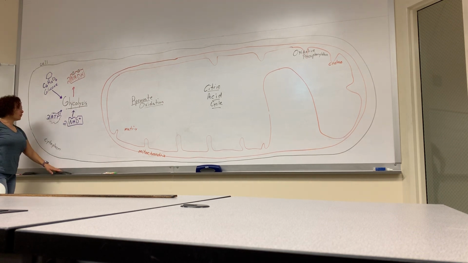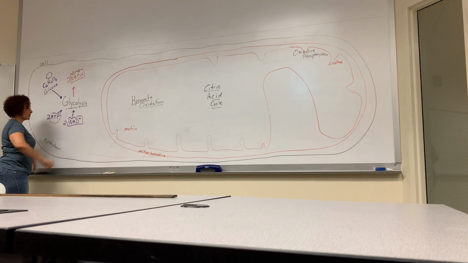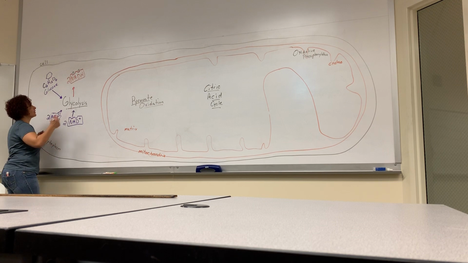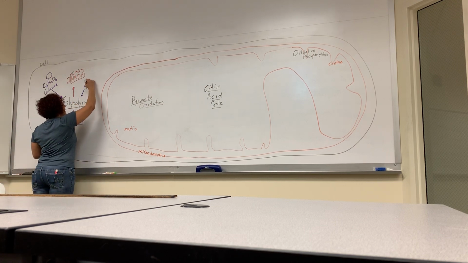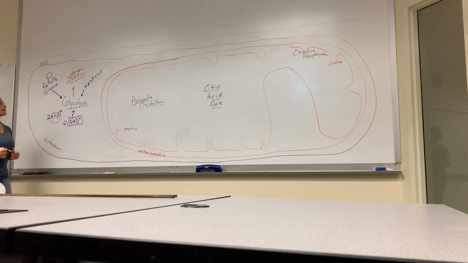So we need to make some ATP in this system. And so out of that, you're going to get an input of 4 ADPs plus 4 inorganic phosphates. 4 ADPs plus 4 Ps.